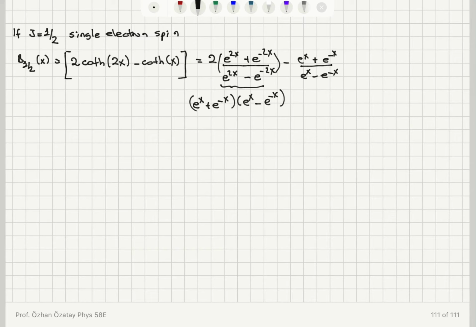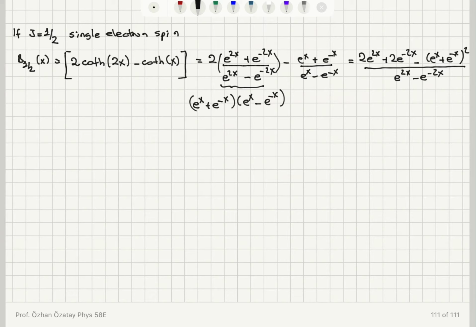It is a squared minus b squared, that is a minus b times a plus b. So if I multiply the right hand side with e to the x plus e to the minus x, I can add these up. So this is going to be 2 e to the 2x plus 2 e to the minus 2x, and then minus e to the x plus e to the minus x in parentheses squared, divided by e to the 2x minus e to the minus 2x. So I multiplied the right hand side with e to the x plus e to the minus x.